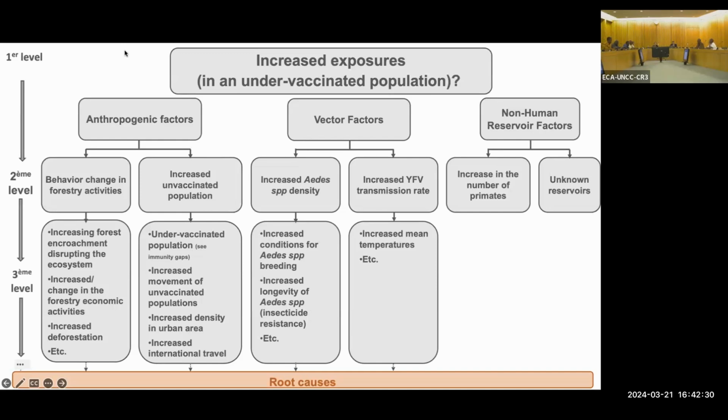But for all the variables related to the presence of the vector and even the non-human primates, I'm not sure there was any information at the district level. But at the national level, you managed to get some information.